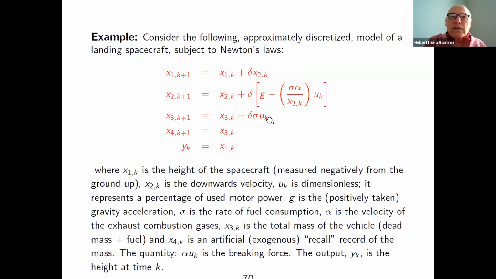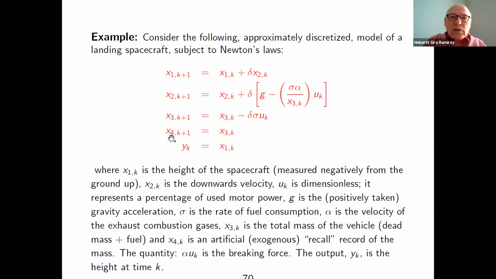So up to here, this is Newton's second law with some varying mass. But now here comes a strange variable, which is not derived from Newton's law. It is an extra equation, and the meaning of that will be very clear when we explain it later. But for the time being, let me say that X4 just remembers the immediate past value of X3.